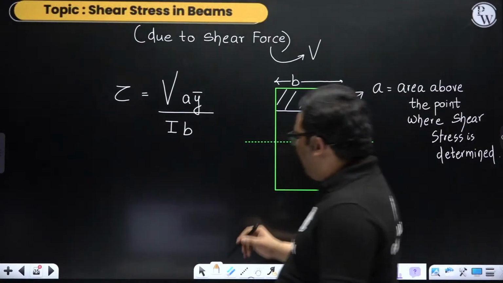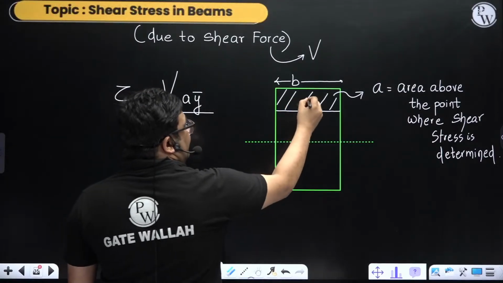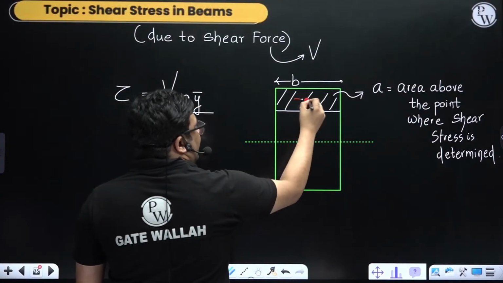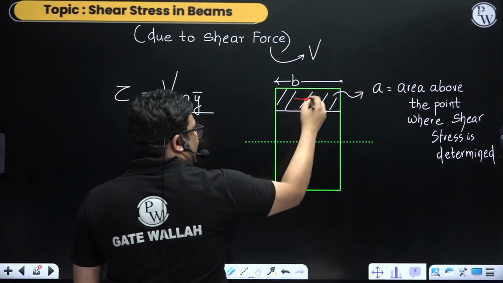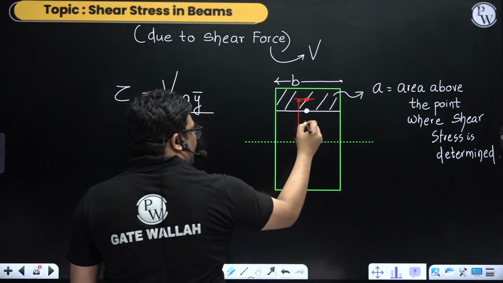Now what is y bar? You see this area A, you take the centroid of that area, and its distance from the neutral axis is y bar.